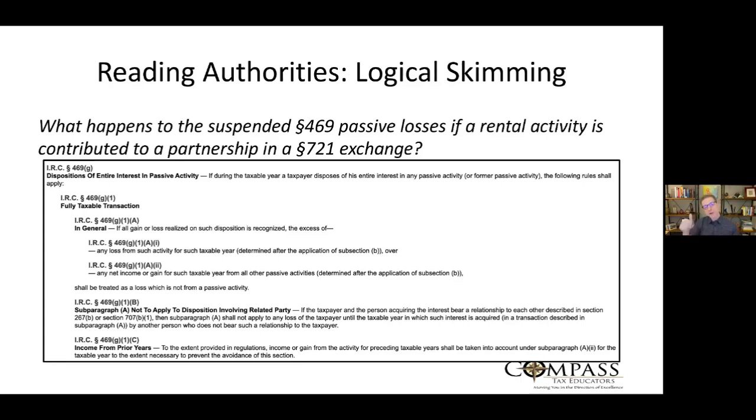And then if I look right below it, the heading says fully taxable transaction. So I need to dispose of the entire interest in a passive activity in a fully taxable transaction in order to release the loss. That gives me an idea that maybe the loss is not released. Now, it doesn't exactly address the answer to my question, but it gives me a clue. And I got that just from skimming the subsections and reading the headers.